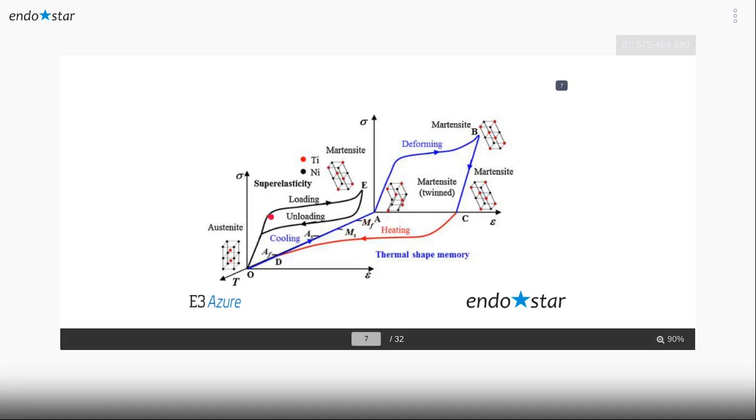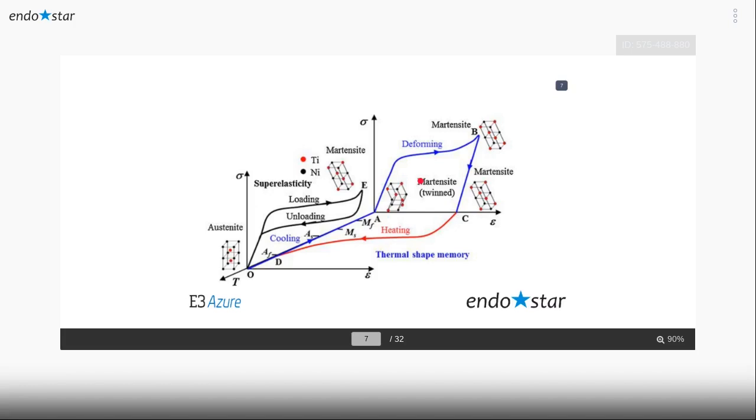So whenever there is loading, it can take all this load, and at the same time it can deform without fracture, can take more cyclic fatigue, and more torsional fatigue without separation. I hope you understand this curve.